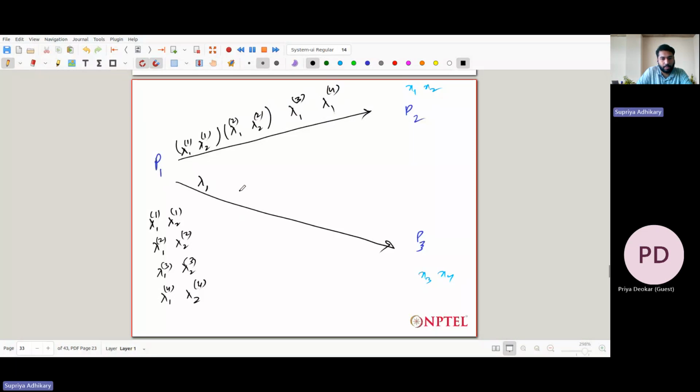Similarly, only lambda 2 is supposed to be sent to P3 corresponding to x1 and x2, because x1 and x2 are with P2, and corresponding to x3 and x4, both lambda 1 and lambda 2 are to be sent. So in the preprocessing phase, we have a total of 6 elements that are to be sent to each of P2 and P3.